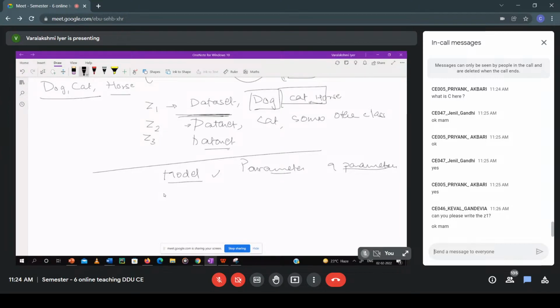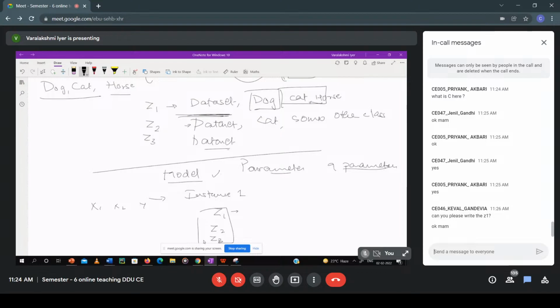For instance 1, we'll be calculating Z1, Z2, and Z3. Just consider X1, X2, and we have a Y output.